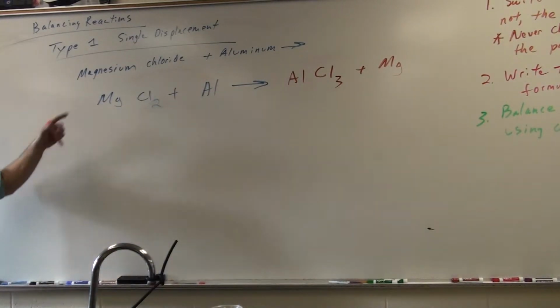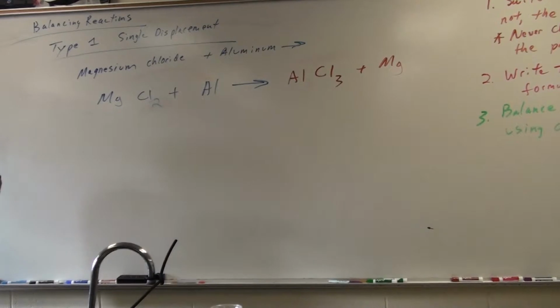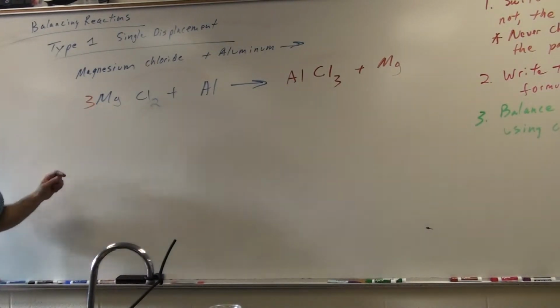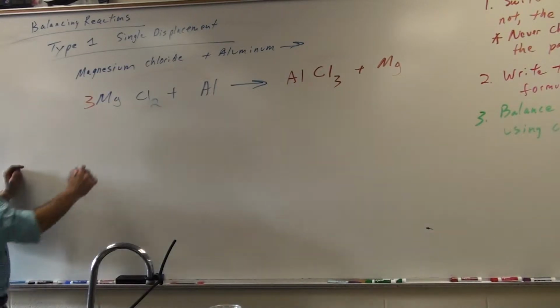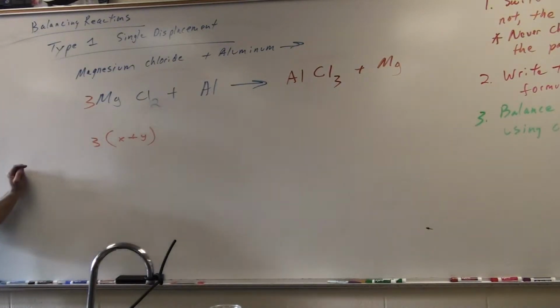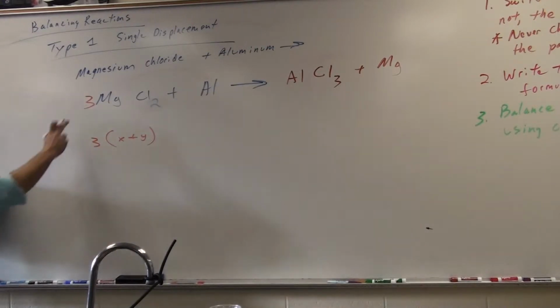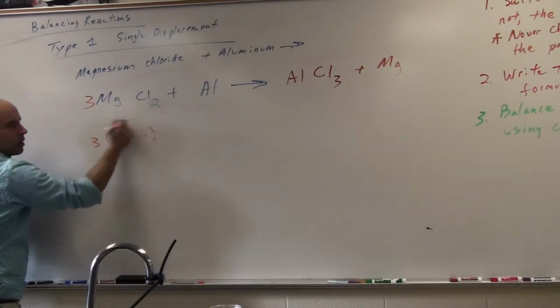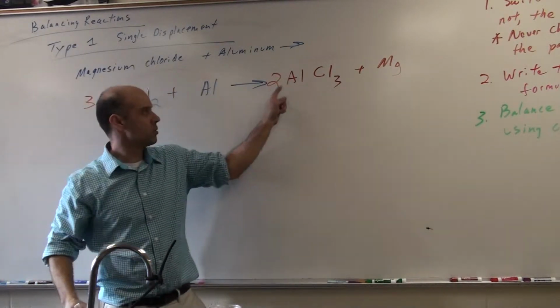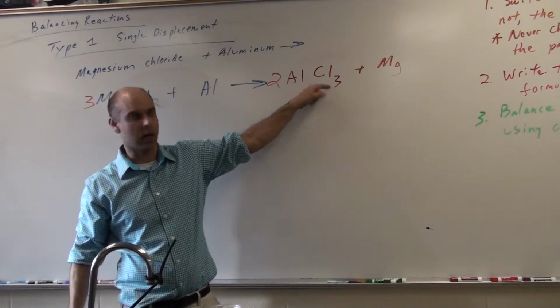I put numbers out front, and the lowest common multiple of 2 and 3 is 6. So I'm going to put a 3 here, and what that 3 means is I'm basically distributing it, just like you would in math. So 3 times 2 is 6. I put a 2 here. 2 times 3 is 6.